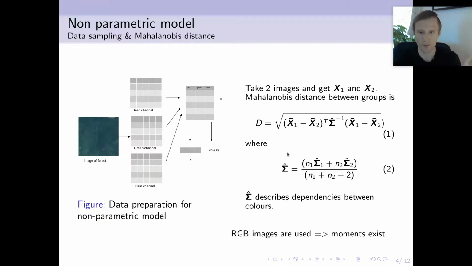So sigma hat actually describes dependencies between colors. Since RGB images were used, all the numbers in these matrices are from 0 to 1. And that's why we know that moments exist. So there is no problem with formulas 1 and 2.